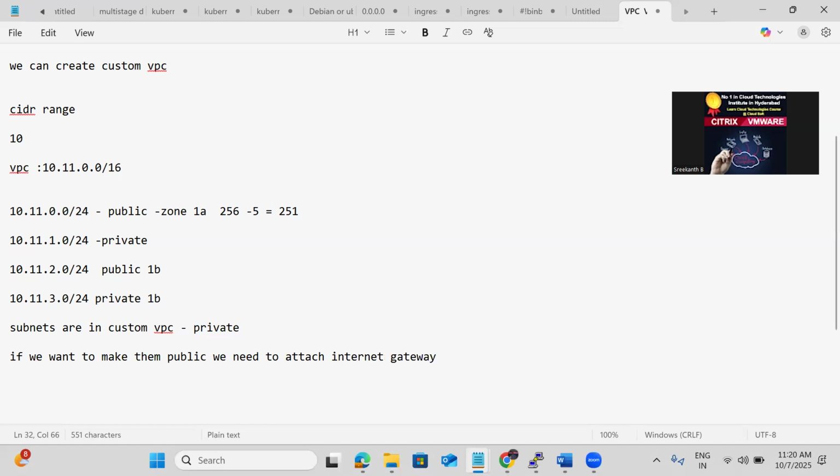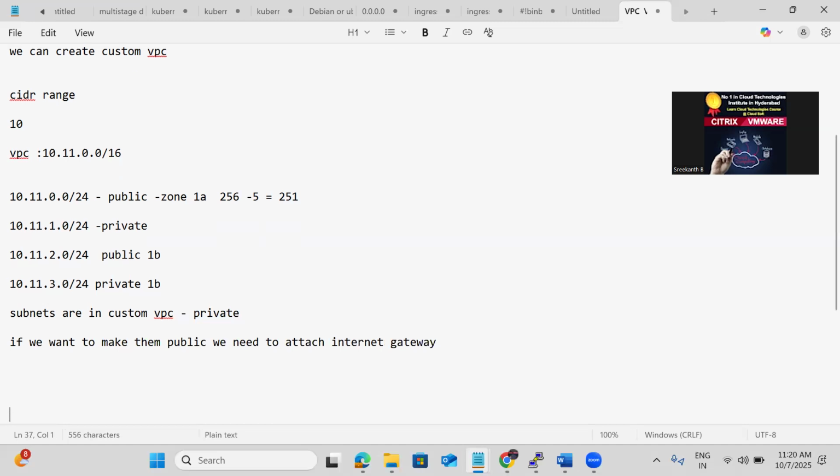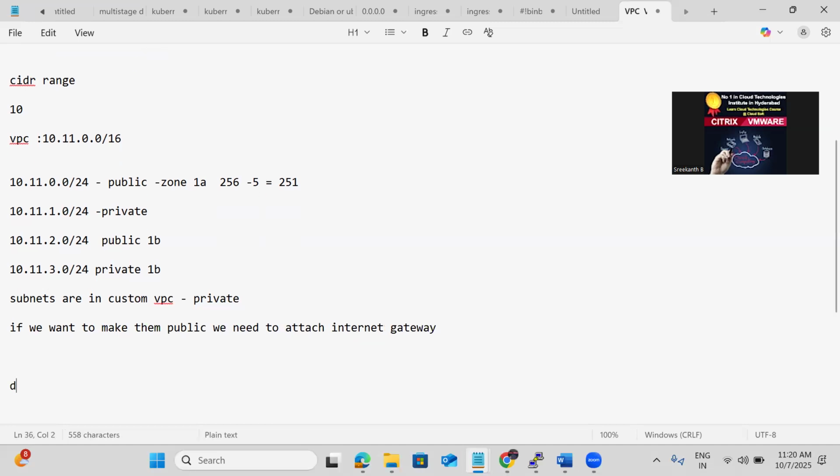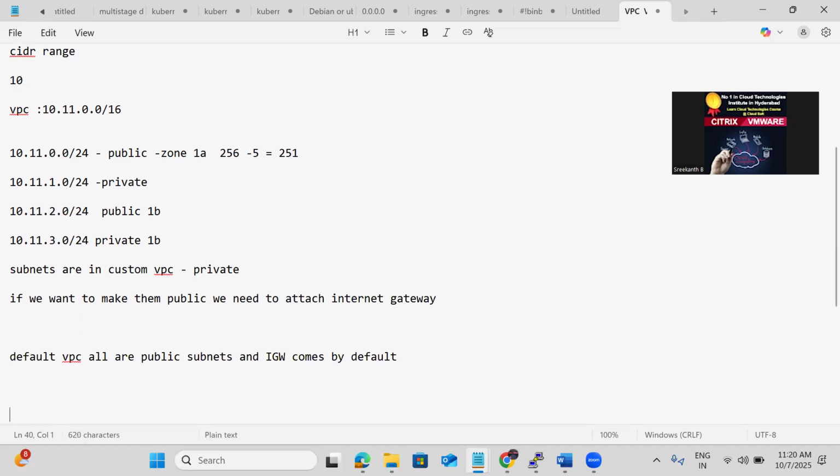All are public. So try to understand: in the default VPC, all are public subnets and the internet gateway also comes by default.